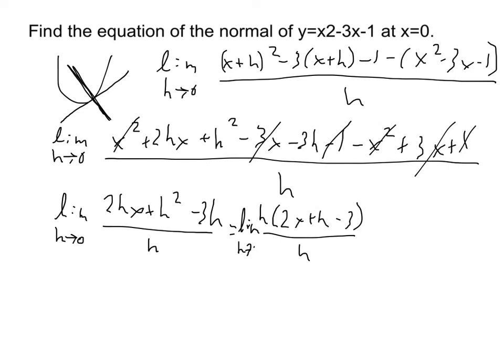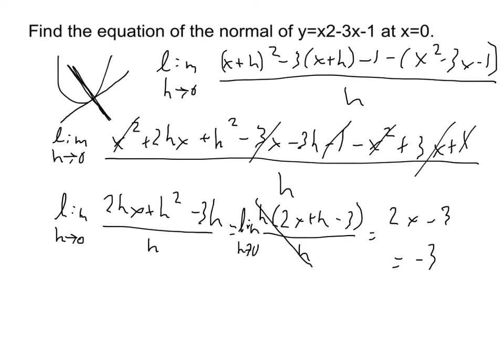As h goes to 0, those h's cancel, plug in a 0 for h, and we get 2x minus 3. So if we plug in the 0 for x, we get this equal to negative 3. So the slope of the tangent line is equal to negative 3.